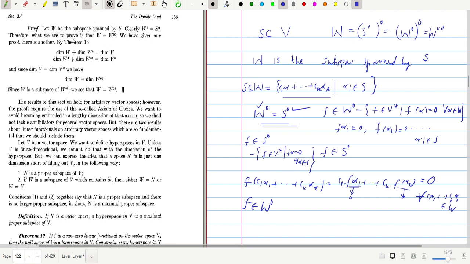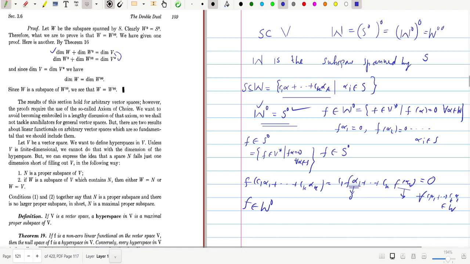That is so trivial, because we have already seen that dimension of W plus dimension of W naught is equal to dimension of V. If we apply this to W naught, then dimension of W naught plus dimension of W double naught is equal to dimension of V star, since the domain is V star. But we know that dimension of V and dimension of V star are the same.